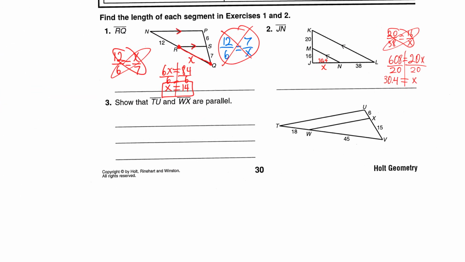Alrighty. Number 3. Show that TU and WX are parallel. All right, so I want to know, are they parallel or not? So let's see if that is divided proportionally. So let's set it up. 18 is to 6 as 45 is to 15.